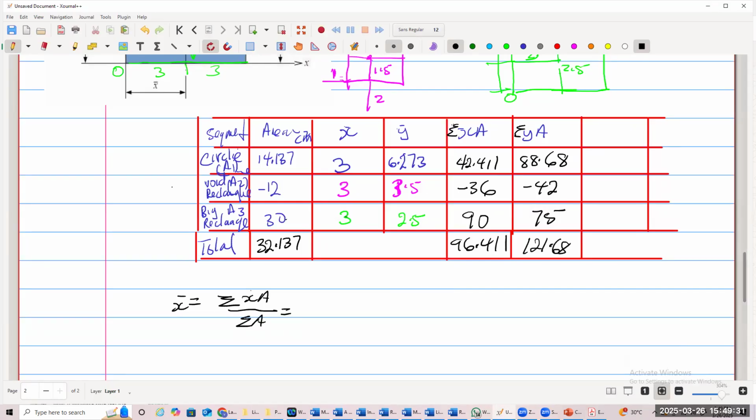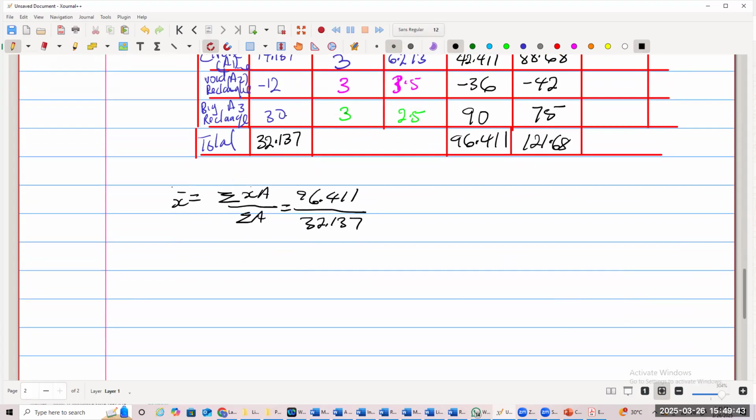This one works out for X to be 96.411 upon 32.137, right? And then the other one is Y bar is equal to the sum of Y times area upon the sum of the area, upon 32.137.